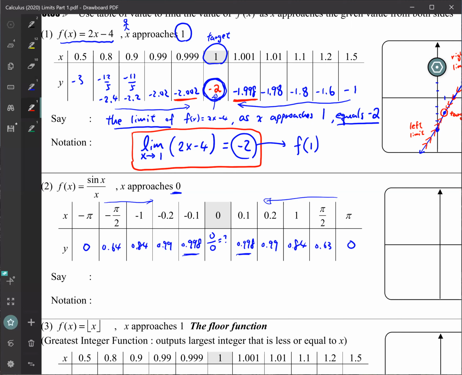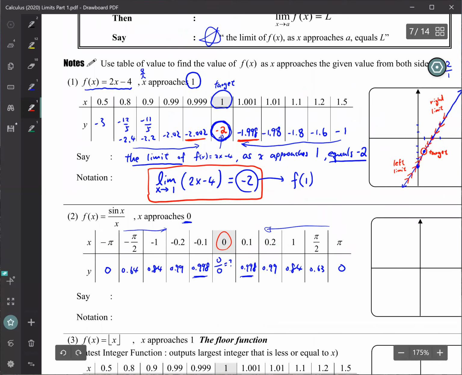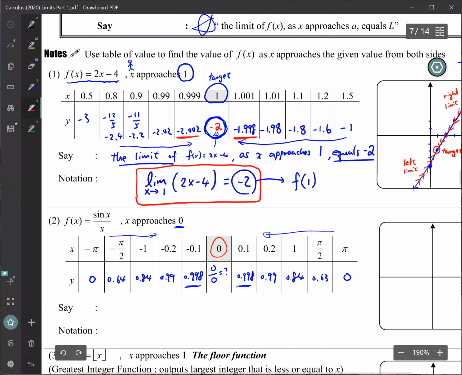So even though we get undefined at our target, this is our target, you could still have a limit. You will still have an answer for the limit, okay? So that's what I'd like you to learn from these two examples. Sometimes you can find a limit by plugging it in. Sometimes even though you cannot plug it in, you still have a limit. You still say the limit exists, right?